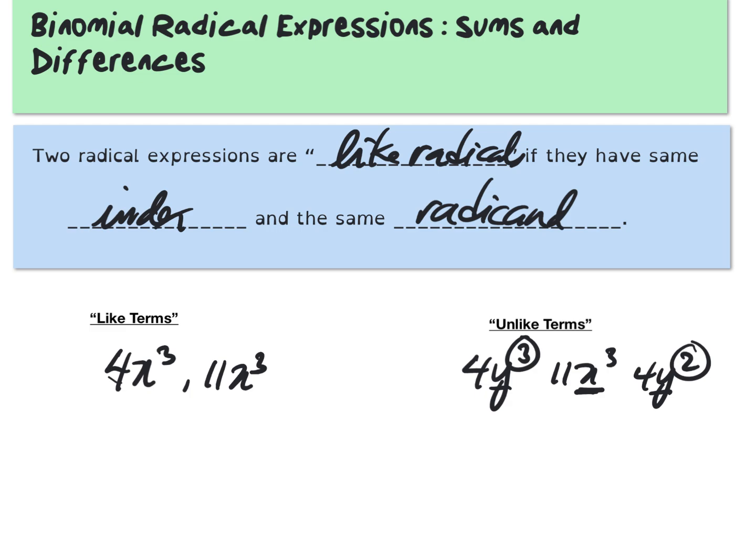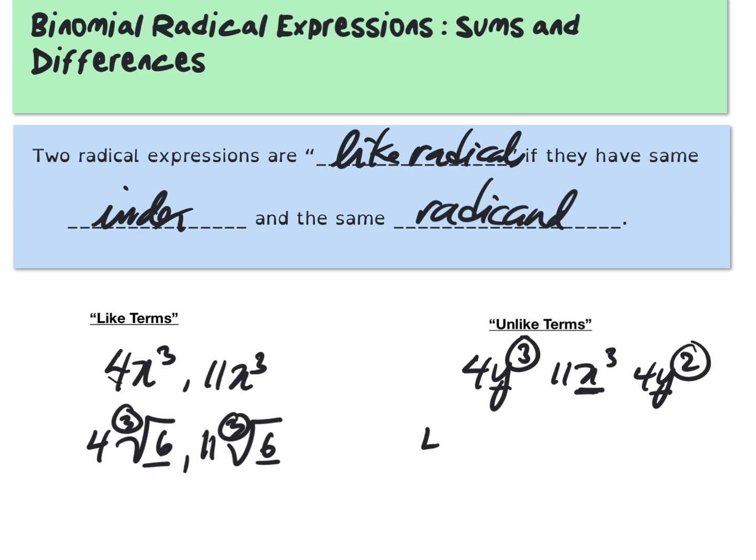Now let's look at some examples of like radicals. Example like radicals is say the cube root of 6 and then 11 cube root again of 6. So if you look at this one, they have the same radicand and they have the same index. In this case the radicand is 6 and the index is 3. Now let's also look at some unlike radicals.